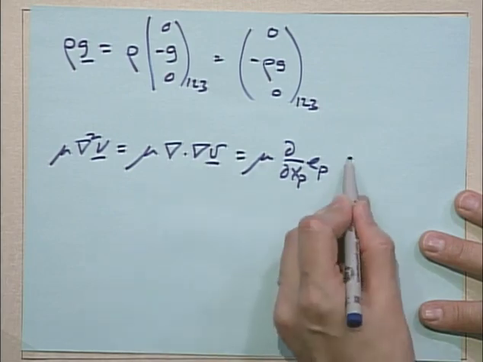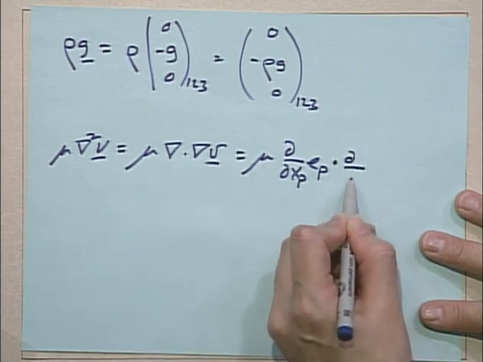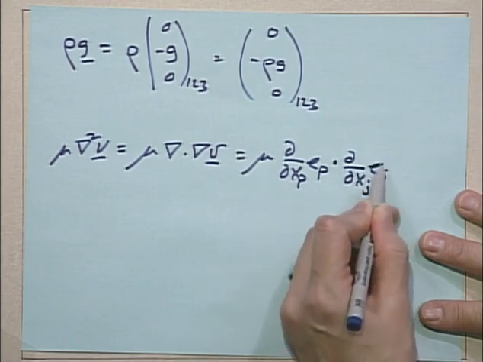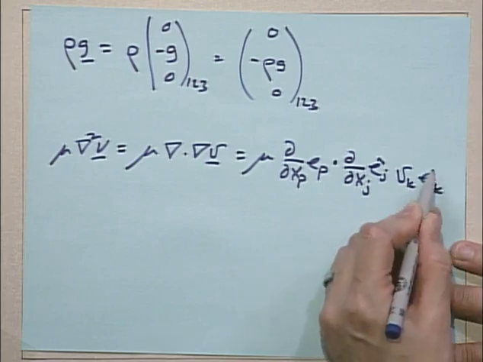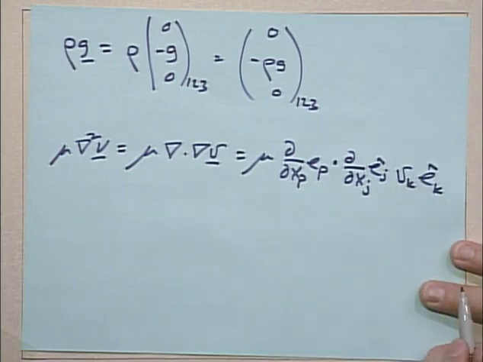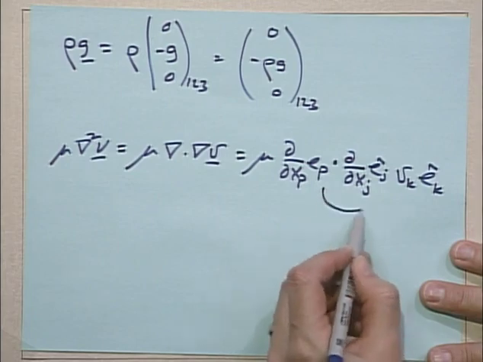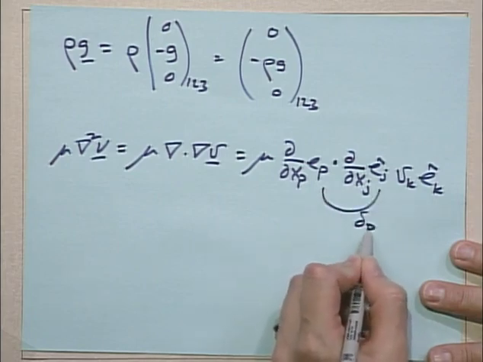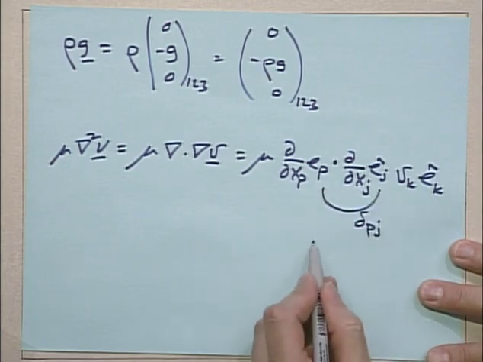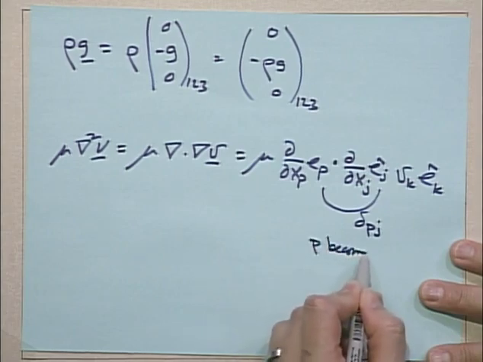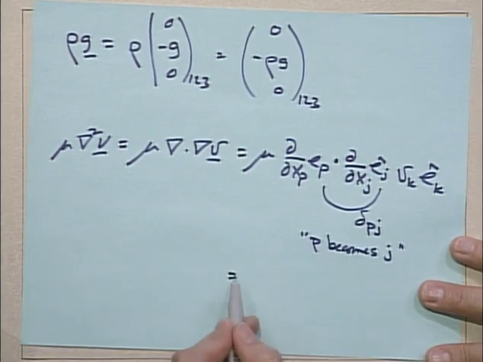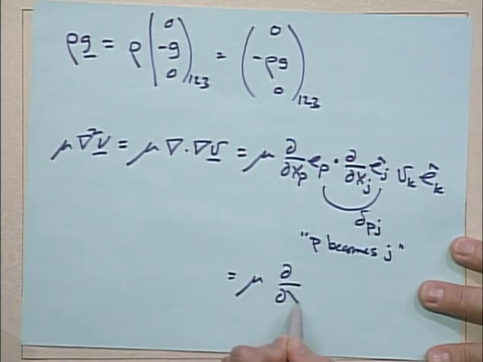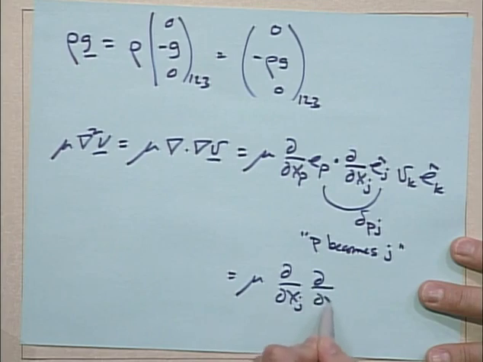So I'm seeing del again. I leave the dot where it is. I get new subscripts. I pick j. And v, I pick new subscripts. Then I'm just following the usual rules. The two unit vectors that are nearby are the ones that get dotted. It becomes delta pj. P becomes j. And I get mu d by dxj, d by dxj, vk, ek.